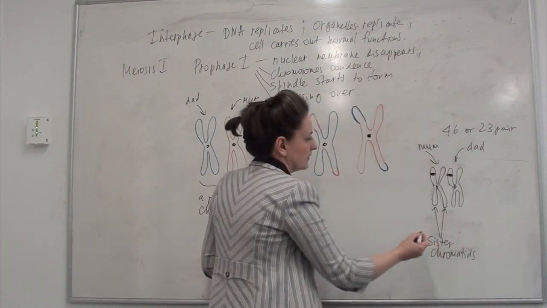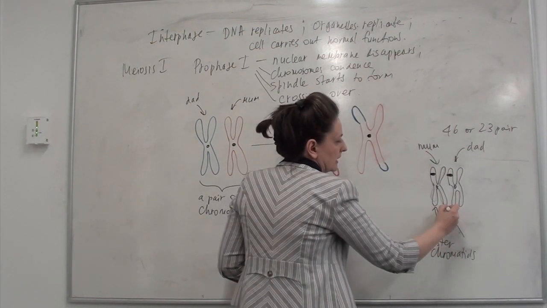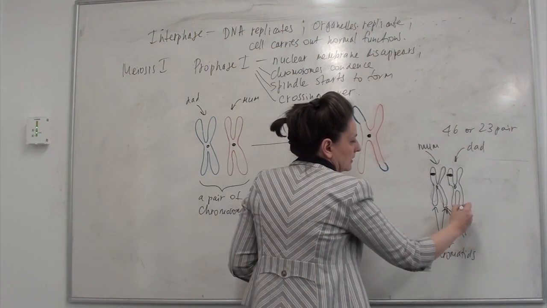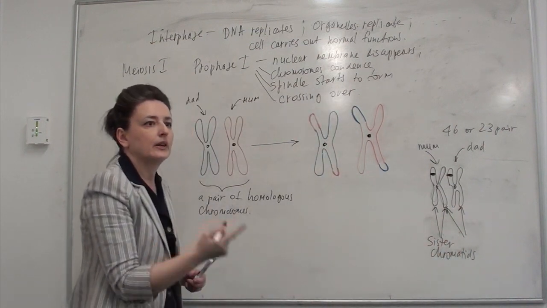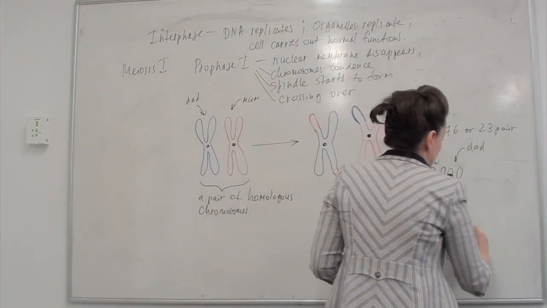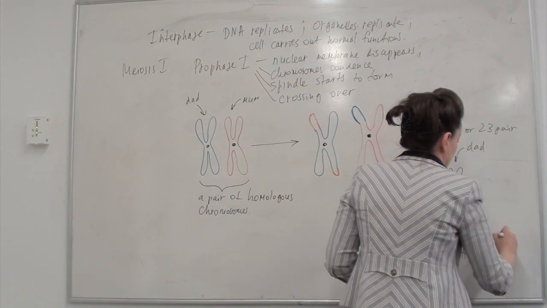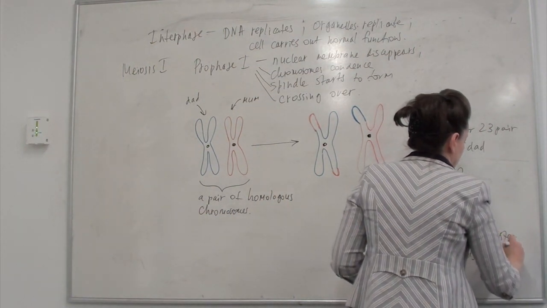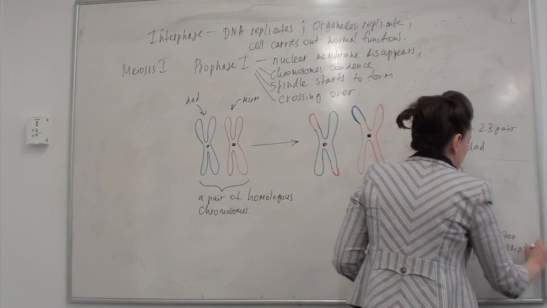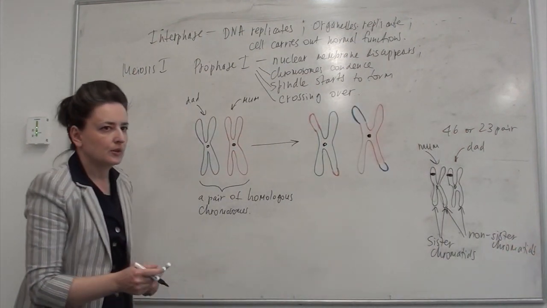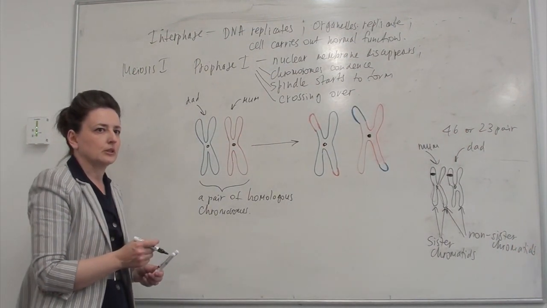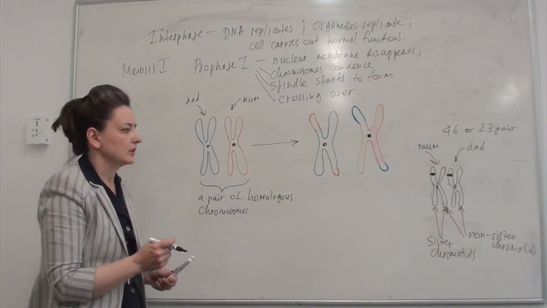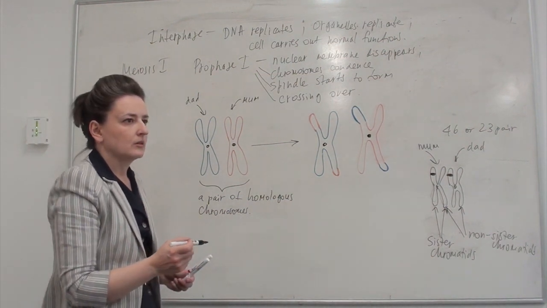And what if I point to this leg and this leg? Then these are non-sister chromatids, right? So you've got to be careful with that bit of terminology, right? So that's how you get this from you, this from you.